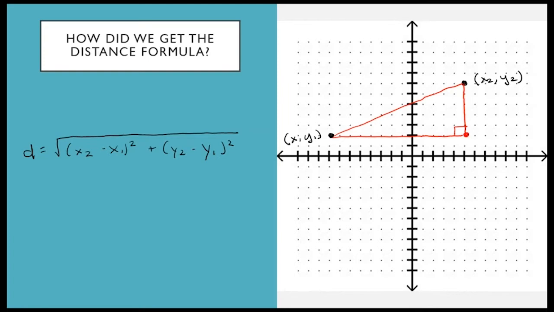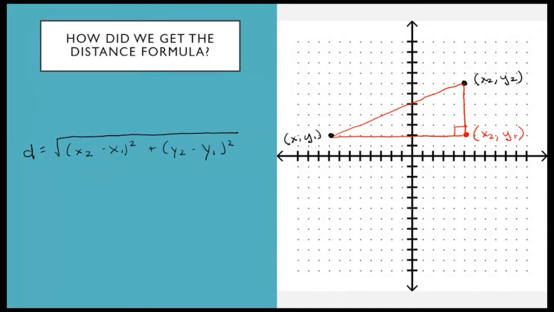So we have this third ordered pair that we're creating here, which is x2, y1, because it's got the same x value as x2, y2 and the same y value as x1, y1. That's our third point. When you have just horizontal and vertical lengths, the length is the difference in either the y or the x.